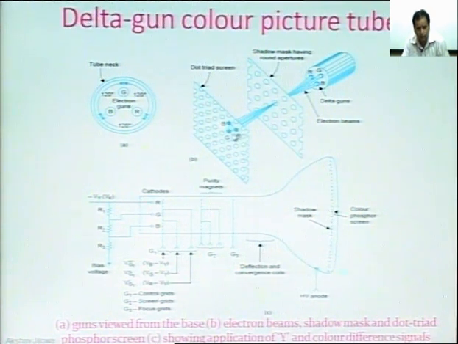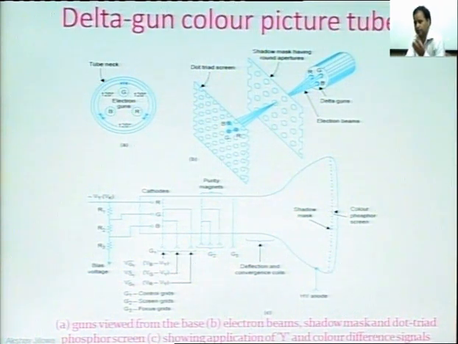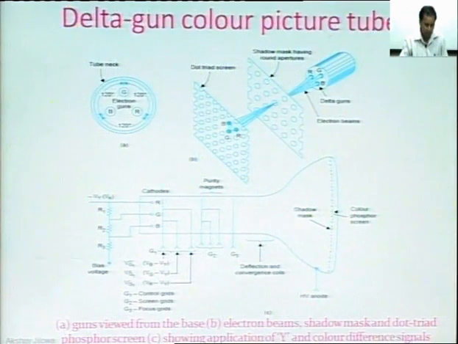This dot triad screen contains blue, green and red color, and depending upon the intensity of green, red and blue, a resultant color is formed. As I already explained, these three spots are very closely spaced. So, the resultant is the hue of the combination of these three colors, and the proportion of these three will define the resultant color.